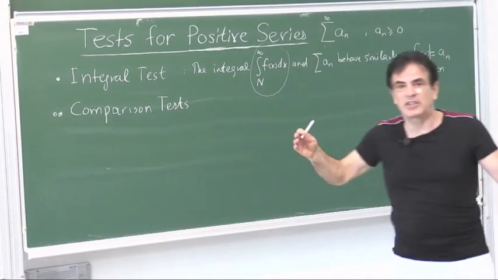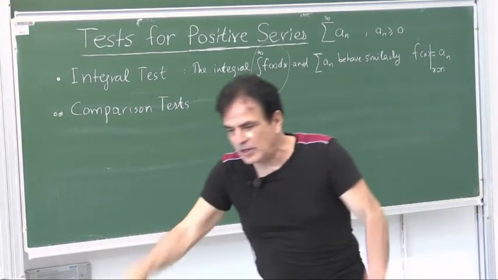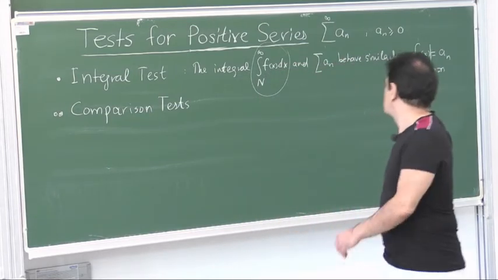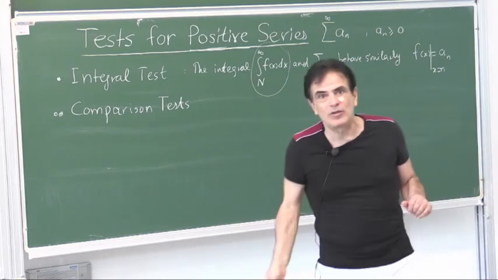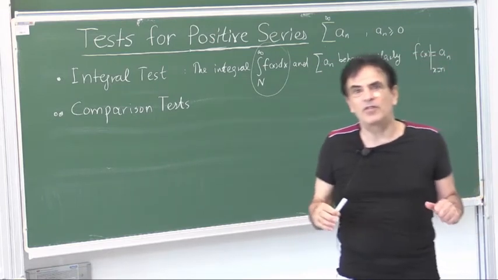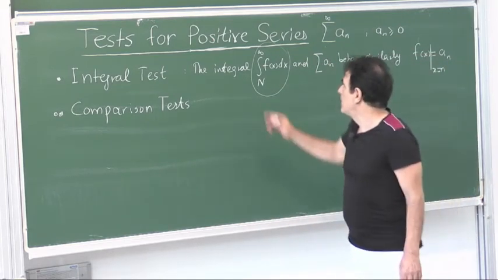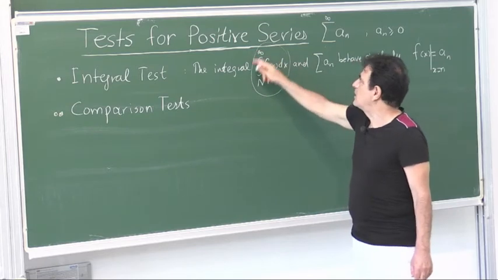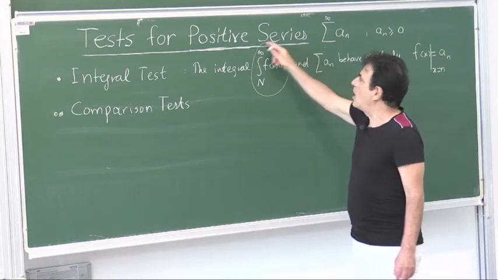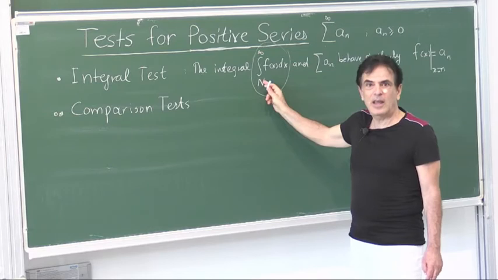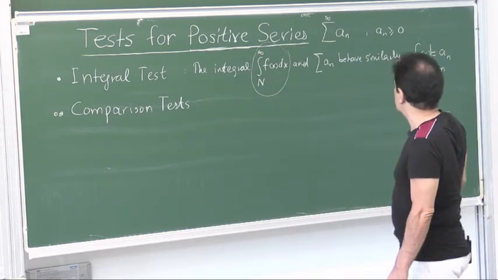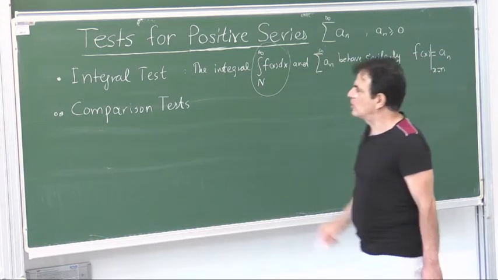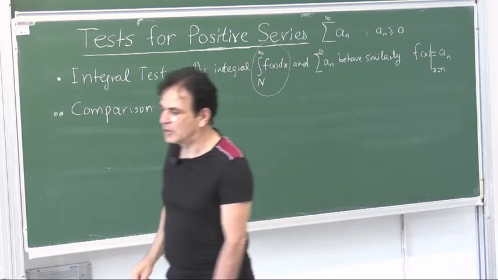It must be positive valued, decreasing, and continuous. And from a practical viewpoint, it must be sufficiently easy so that this integral is not hard to evaluate. So if this improper integral is convergent, then we conclude that our series under consideration is also convergent.